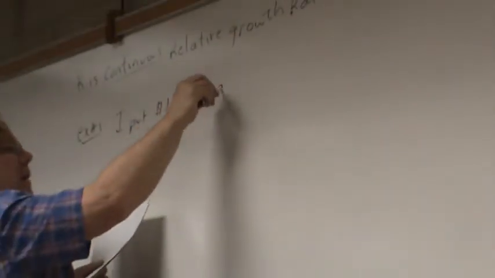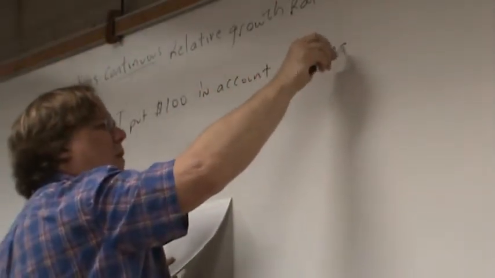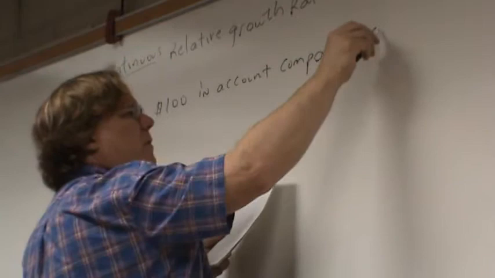Let me give you an example of the difference between a relative growth rate and an annual growth rate, or annual percentage rate. Okay, here comes an example. I put $100 in an account that compounds continuously.